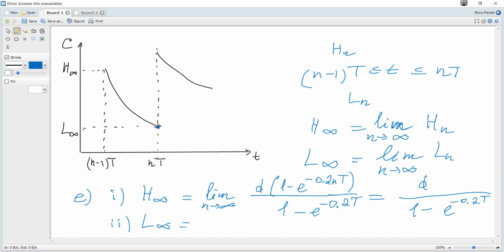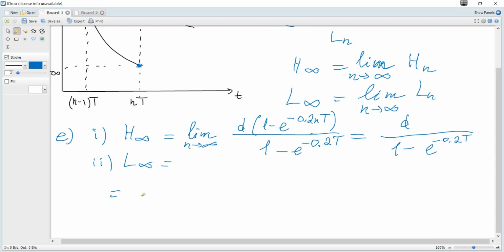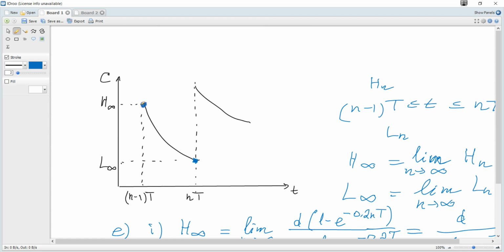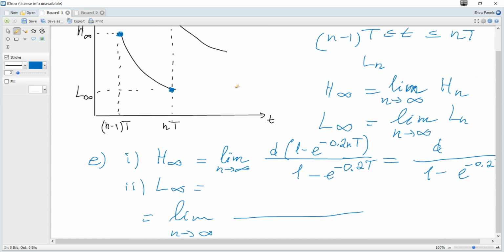From the graph, it's just before the next dose is given, and it is given that the limit is n tends to infinity. For H we consider the moment when the nth dose has just been given, but to get the lowest value, it's just before the next is given.